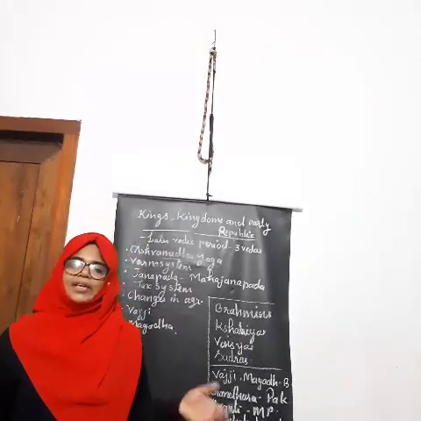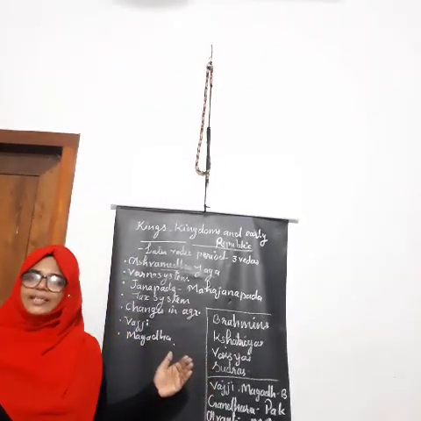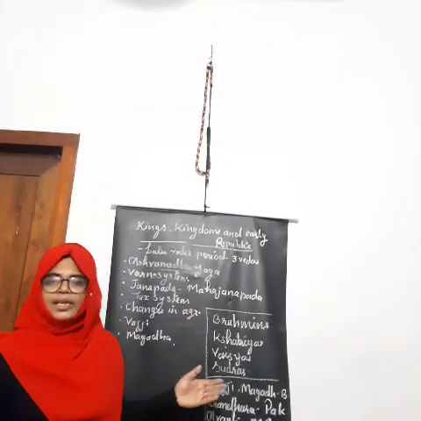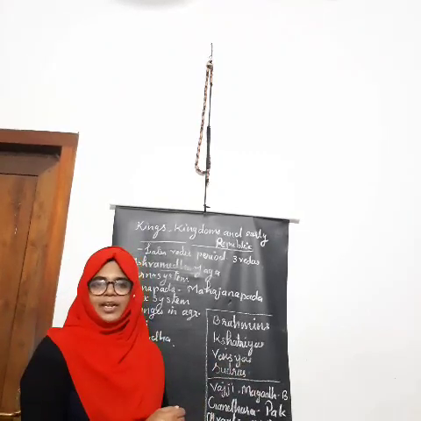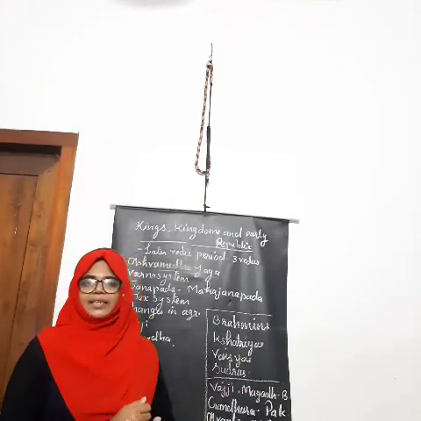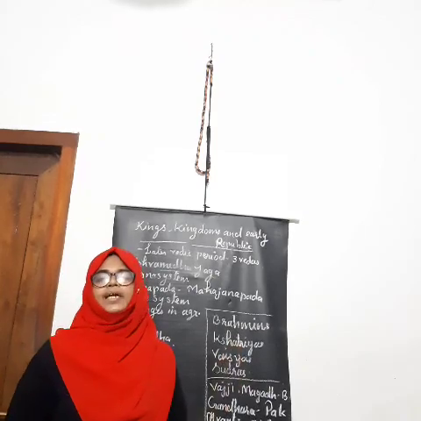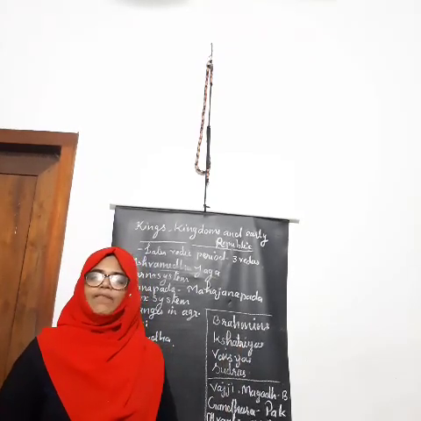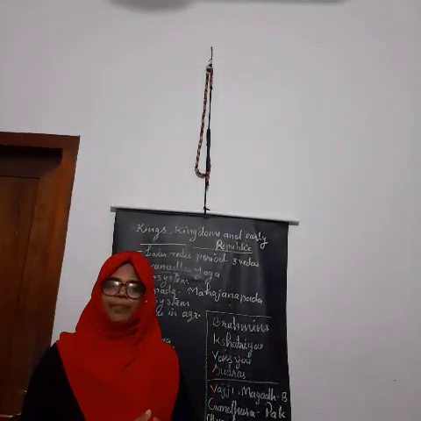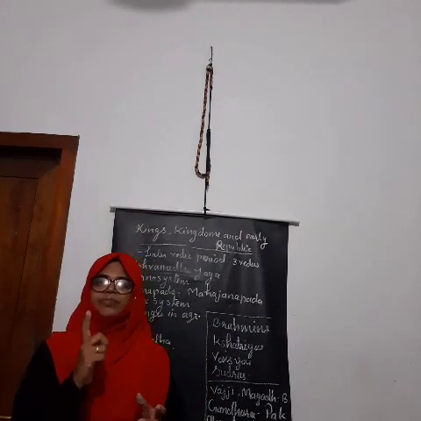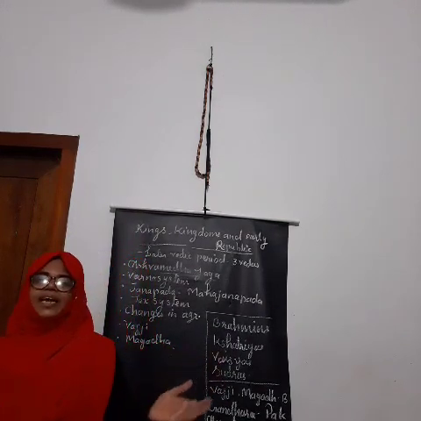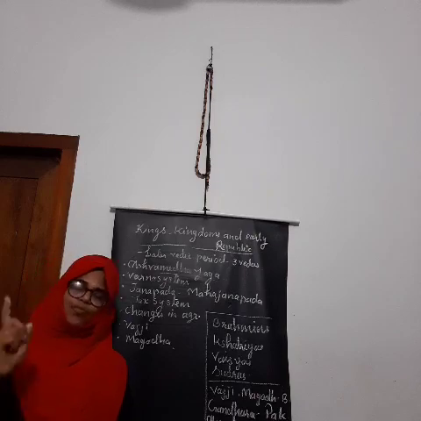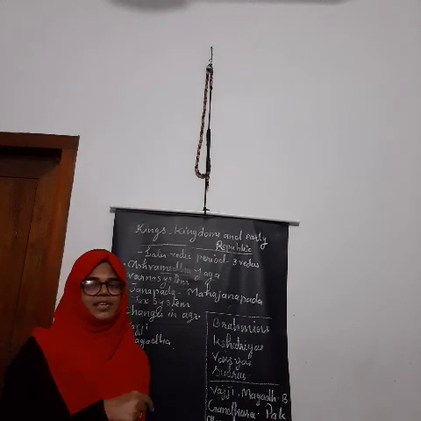So, when the ashwa or the horse is let free to wander through the neighboring country, in case the neighboring kingdom's ruler or king catches hold of him, that means that kingdom is ready to fight with this country.